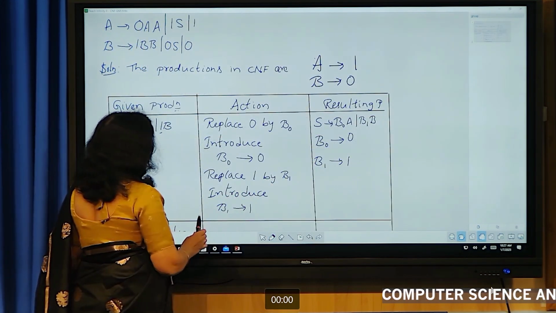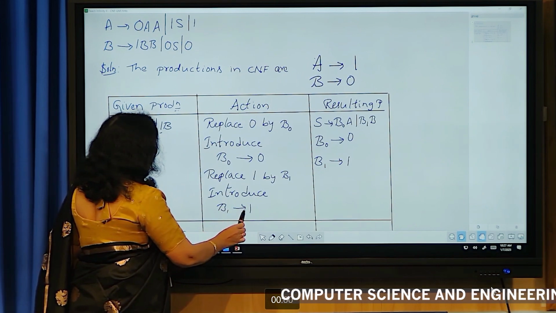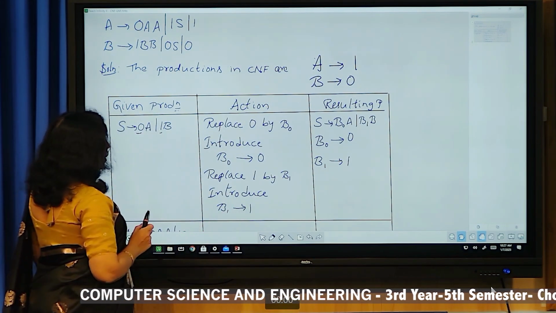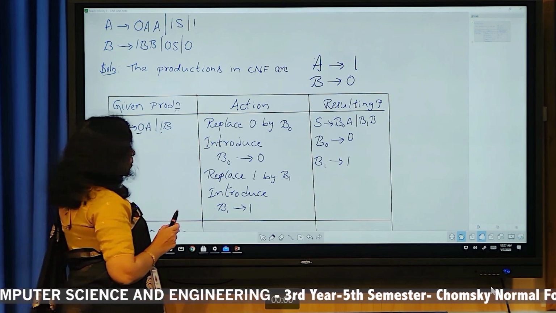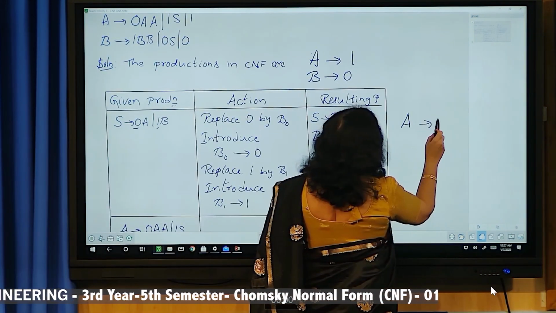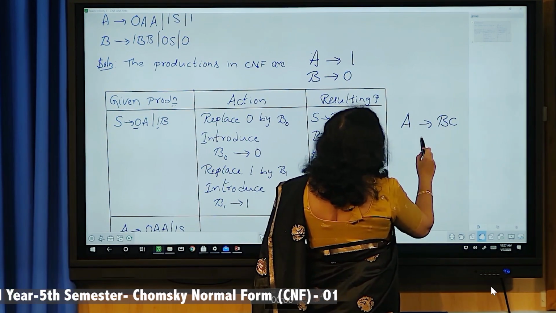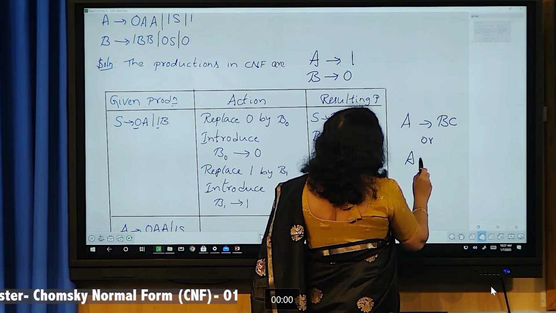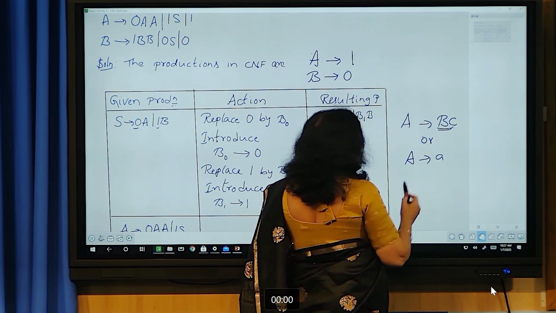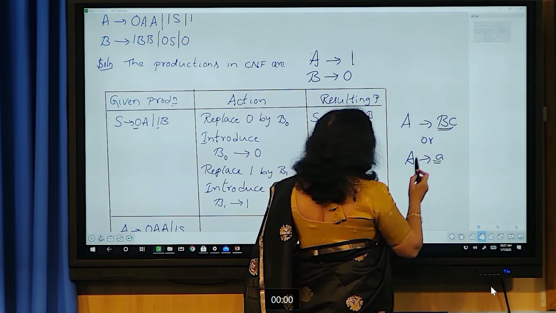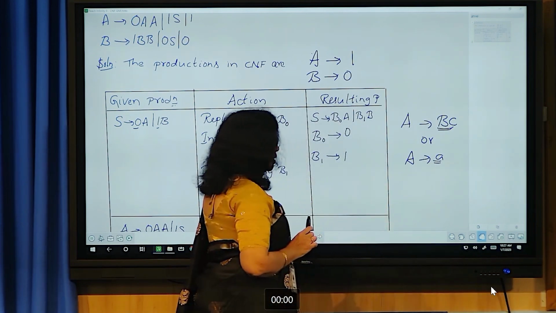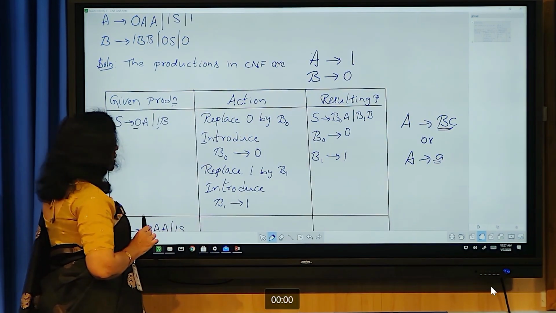Replace 1 by B1, introduce B1 produces 1. So we are going to bring it to the form A produces BC. What we know is A produces BC or A produces small a. If there are variables, there will be two variables. If there is a terminal, there will be a single terminal. So we will have to bring it to this form.